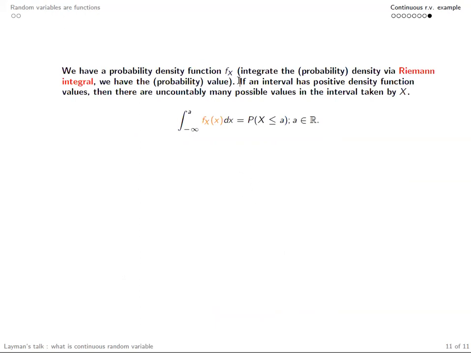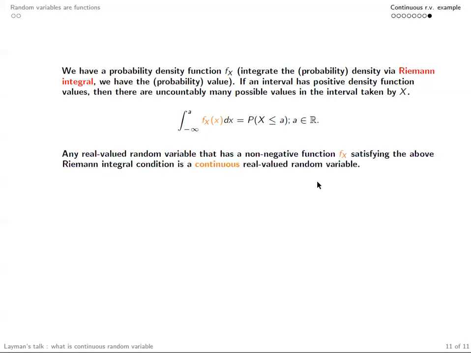And from the example we have discussed, our interval has a positive density function value; in the above example, we know this density function equals 1 for arbitrary values from the 0, 1 interval, and there are uncountably many possible values in such an interval that could be taken by X. This is actually the definition of a continuous random variable.